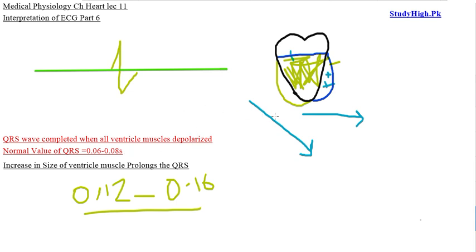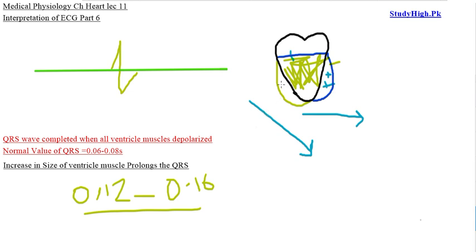And the second important thing: if the left ventricle increases in size, it also results in deviation of the normal QRS vector to the left ventricle, because it also contains positive charges, and with the increase in size our QRS vector will be deviated to this increased area, whereas the normal QRS vector is along 59 to 58 degree.